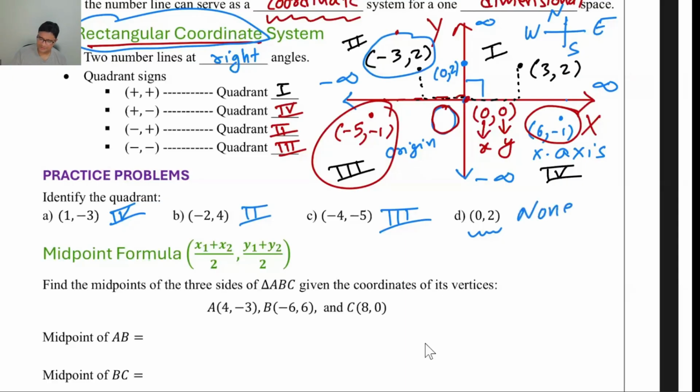Normally we say no. Or you can say it is in between the first and second quadrant. Or you can say simply it is on the y-axis. When the x coordinate is 0, the point is on the y-axis. Similarly, when the y coordinate is 0, you will get a point on the x-axis. Here, this point could be 6, 0.